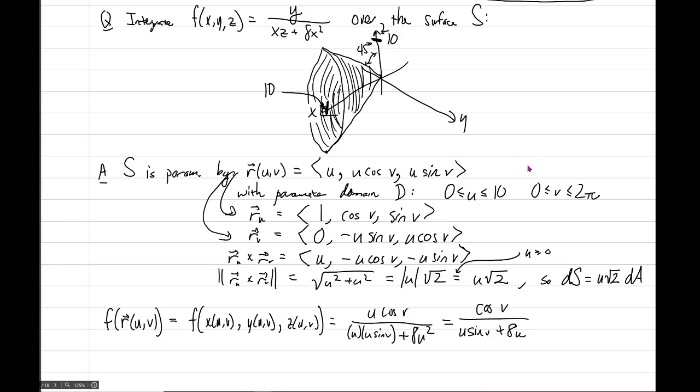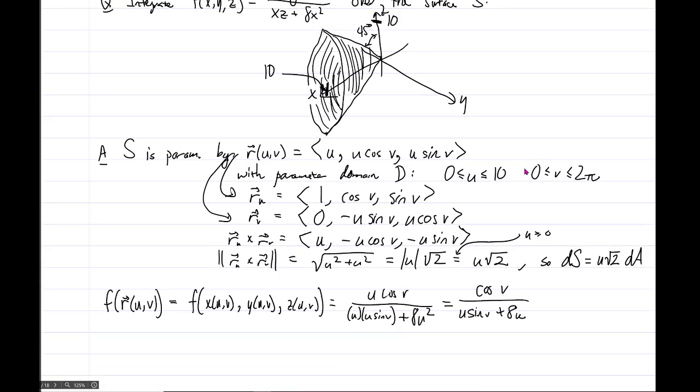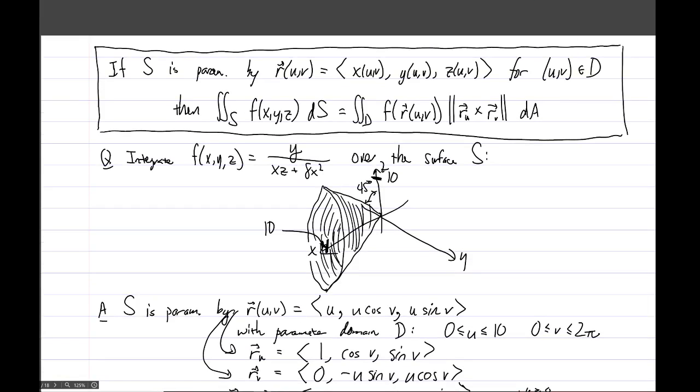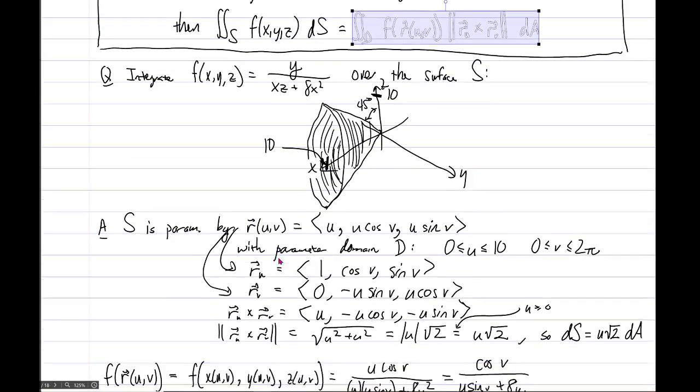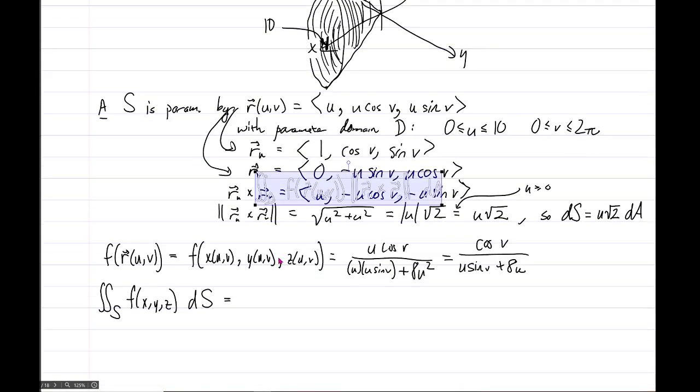So now let's go ahead and set up the integral we need. The double integral over S of f of x comma y comma z dS is equal to, let me just copy paste this down here so that it's easier in terms of reference for what we're doing. Okay, and then we'll replace the pieces here.